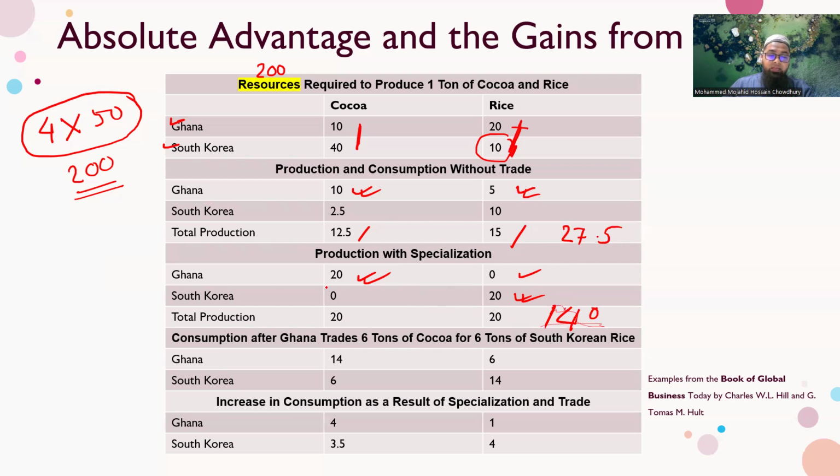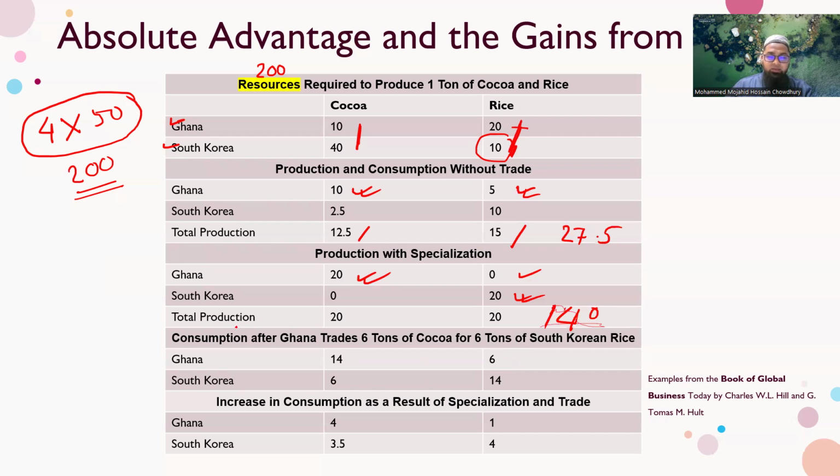Okay. Now, if they trade, let's say Ghana gives 6 ton of cocoa to South Korea, and then South Korea gives 6 ton of rice to Ghana. Then they can jointly enjoy the benefit of absolute advantage.